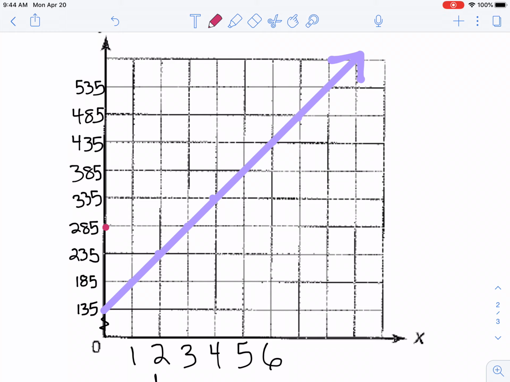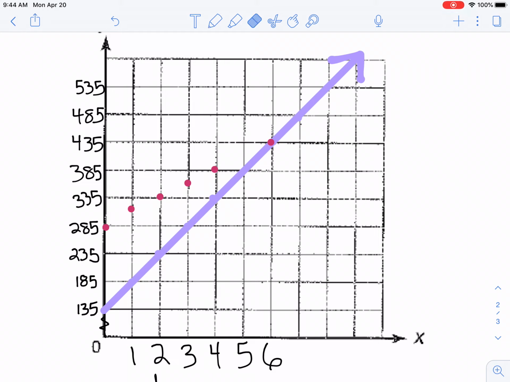So 310 is not quite up to 335, so I'm just going to put it in the middle there. 2, 335, 3, 360, 4 was 385, 5 was 410, and 6 was 435.